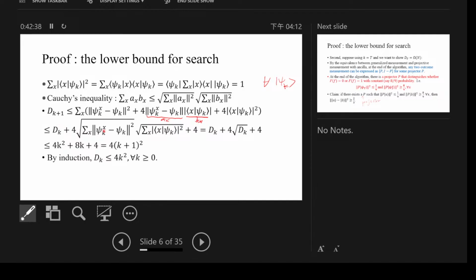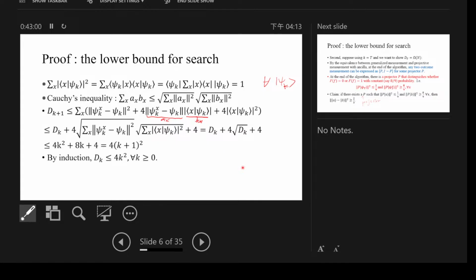We already know the sum of a_x squared is d_k, so we have square root d_k here, and this other thing is 1. So this is d_k plus 4 square root d_k plus 1.